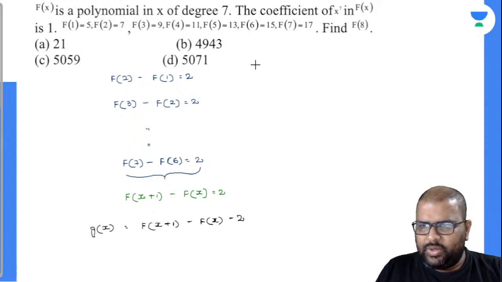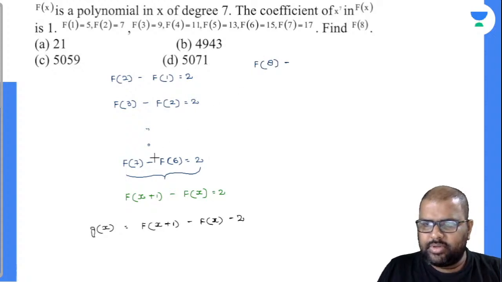So can I write down like this? f of 8 minus f of 7, meaning x plus 1. This will be how much? You have to write down from here. You have to find out f of 8, so your x value must be 8, and your power value must be 8.